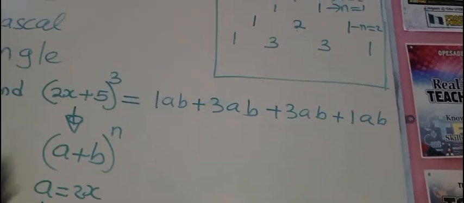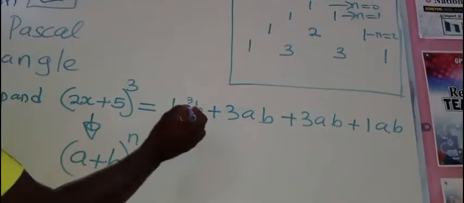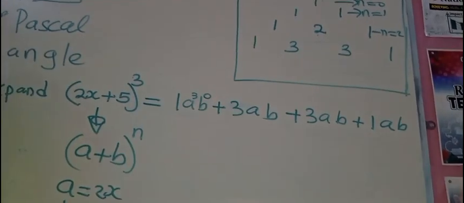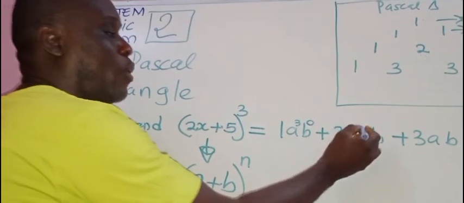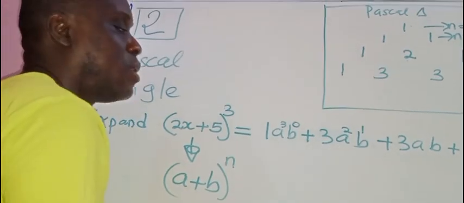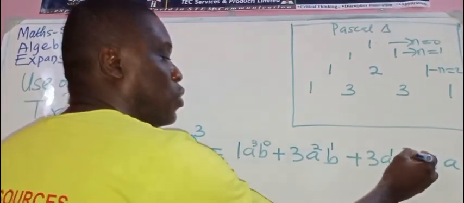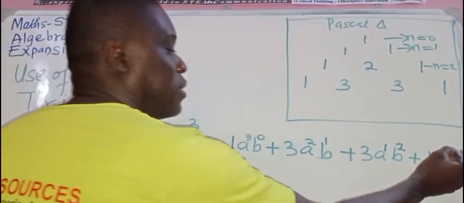Now, you start from 3. This will be A raised to power 3. Then this will be 0, because 3 plus 0 is 3. It must not be more than 3. So A will keep on reducing from 3, to 2, to 1, while B will be increasing from 0.